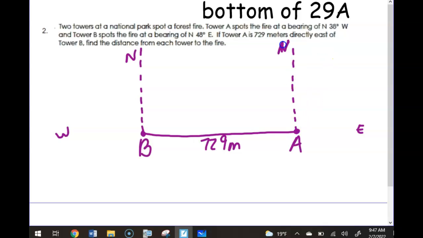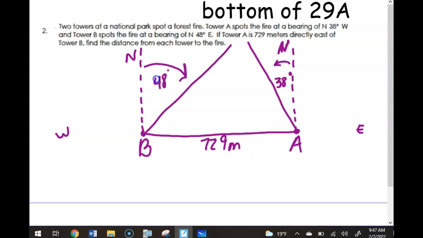So if this is an N for north, badly drawn one, it goes off 38 degrees turning towards the west. Tower B spots the fire at a bearing of off of north 48 degrees towards the east. Okay, we're just going to draw a really big fire out here because I can't really make those meet very well. That's our fire.